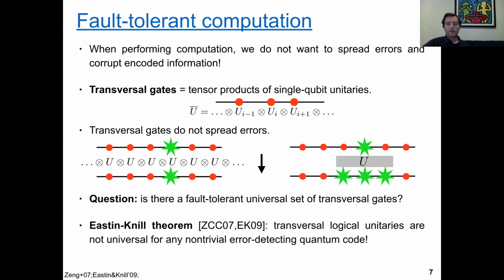Unfortunately, such a gate set does not exist, and this is captured by the Eastin-Knill theorem. The theorem says that transversal logical unitaries are not universal for any non-trivial error detecting quantum code.